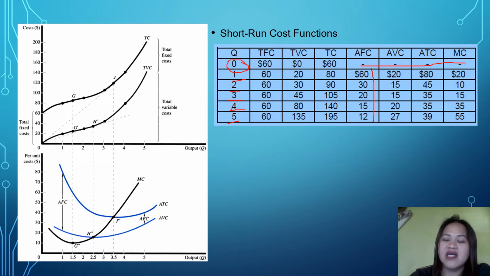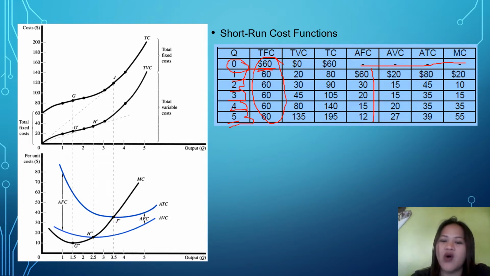So that means if your quantity is increasing, the more quantity you increase, pababa ng pababa ang average fixed cost. Why? It is because the fixed amount is being distributed over a greater and greater quantity. That is the reason why the average fixed cost declines and declines. But nevertheless, it will never cross zero.